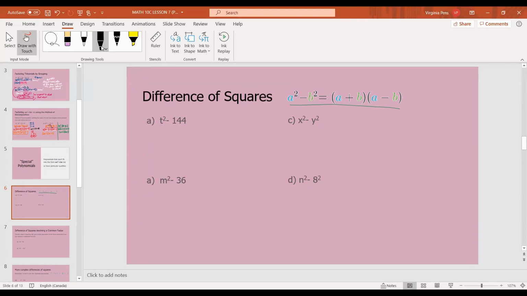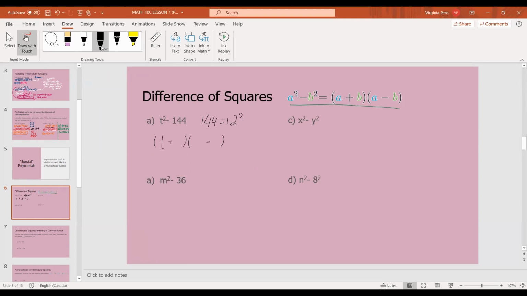All right, so first we have t squared minus 144. 144 is 12 squared. So what we can do is, we know that it's going to be in this format, so I'm just drawing it out.